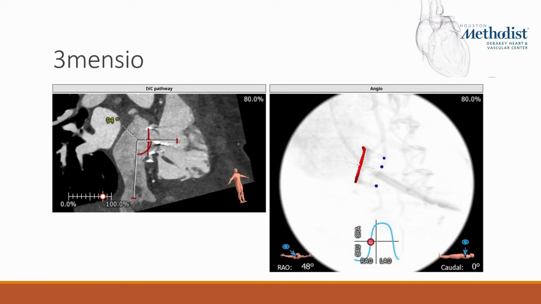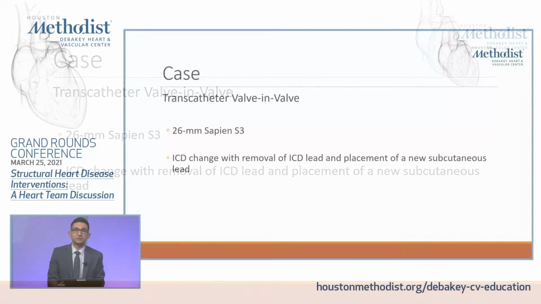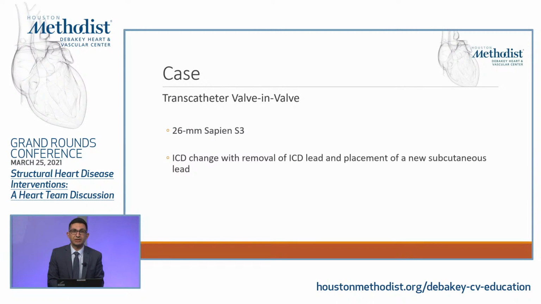The 3Mensio suggested that a 26 millimeter valve can be implanted without any issues, and that was what was planned. And then we had a successful transcatheter valve-in-valve implantation with a 26 millimeter Sapien S3.